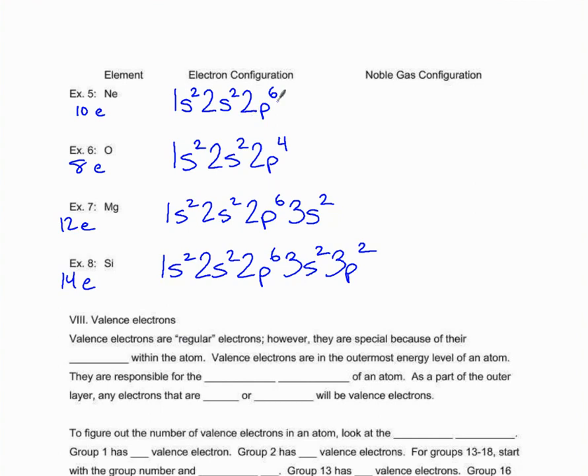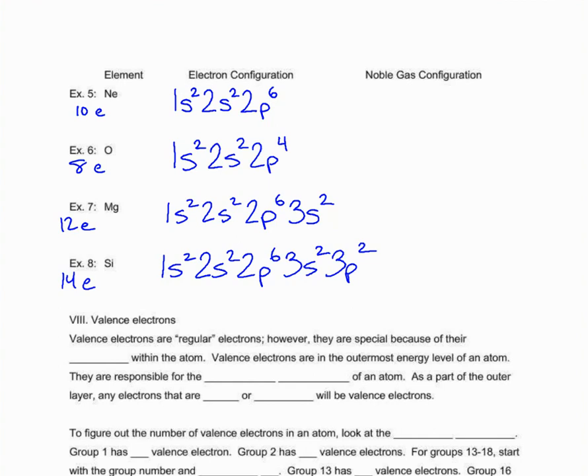A lot of them had 2p6, and a couple of them had 3s2. So these are only smaller atoms too. If we were going to do a large atom like krypton or xenon or radon, this would be a really long electron configuration. And while it is easier than the orbital diagram and takes up less space, it's still going to be a lot of writing.